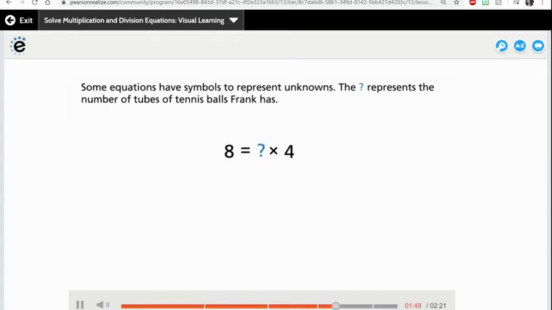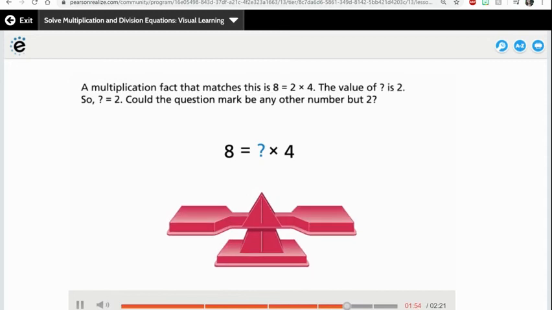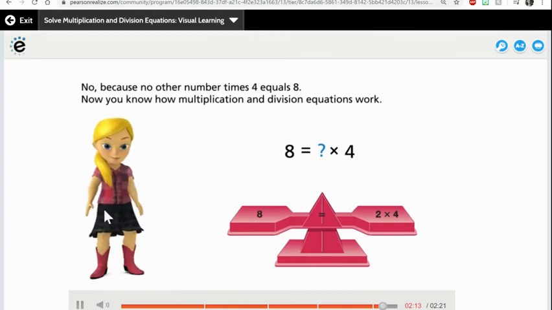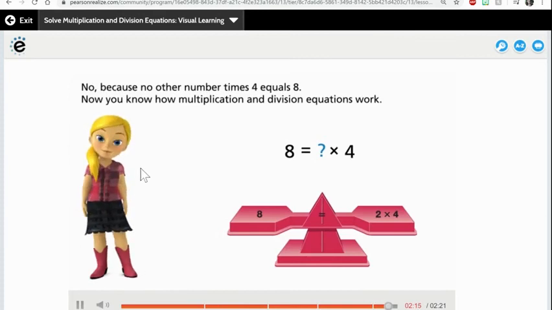The question mark represents the number of tubes of tennis balls Frank has. A multiplication fact that matches this is 8 equals 2 times 4. The value of question mark is 2. So question mark equals 2. Could the question mark be any other number but 2? No, because no other number times 4 equals 8.